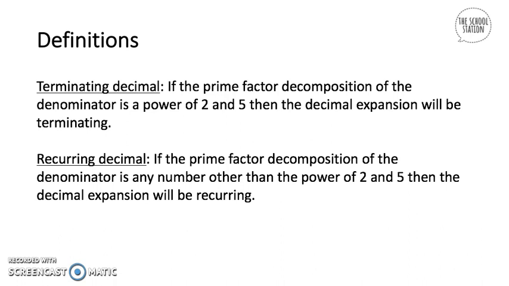What this simply means is that if the denominator of a particular fraction is a power of 2 or 5, then it will be a terminating decimal.